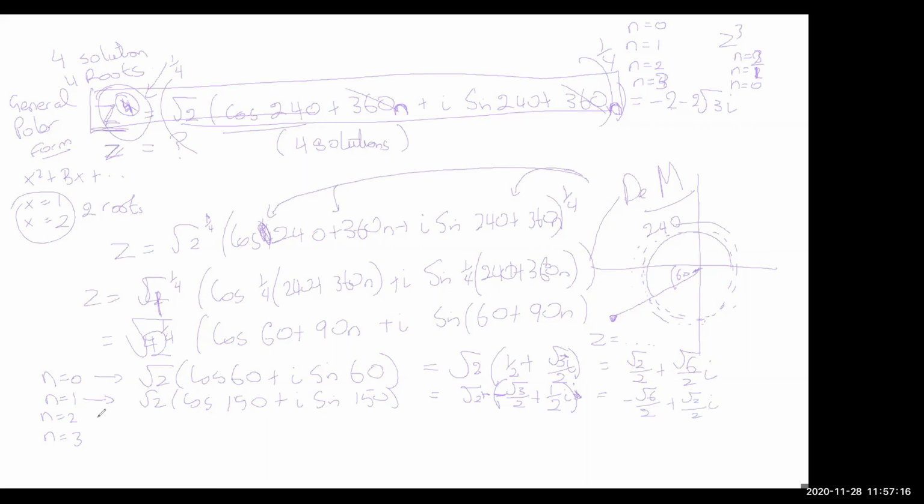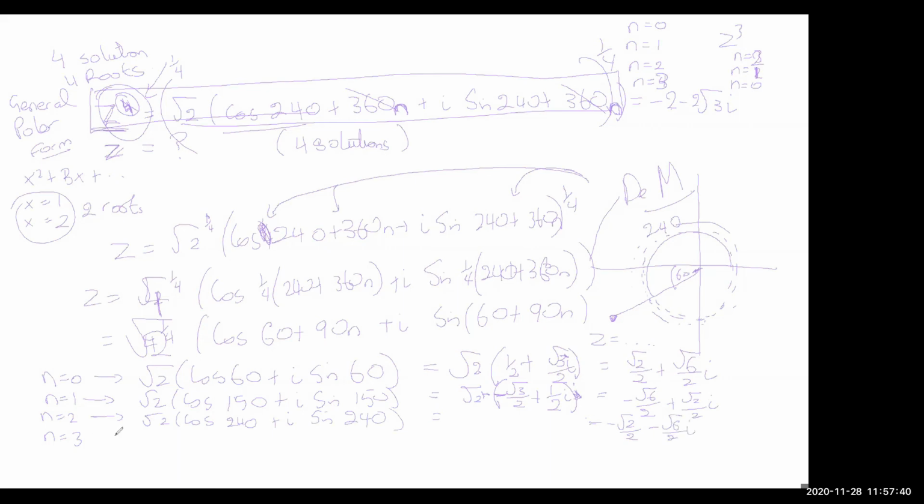The next solution is n is equal to 2. So it's going to be root 2 times cos of 180 and 60 is 240, plus i sine 240, which ends up being minus root 2 over 2 minus root 6 over 2 i.